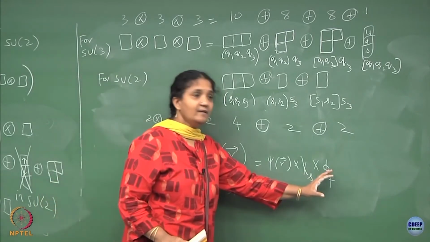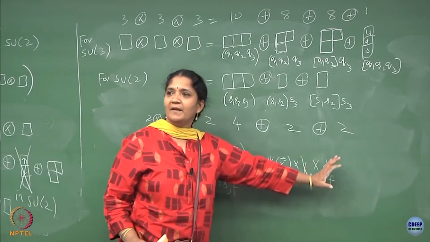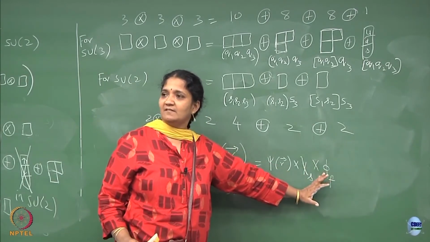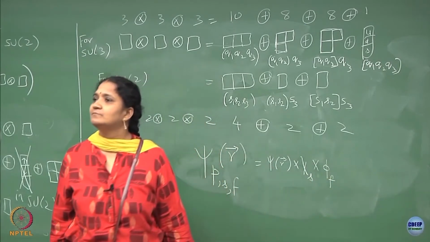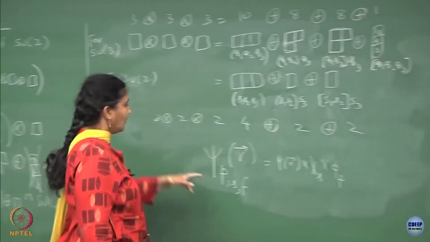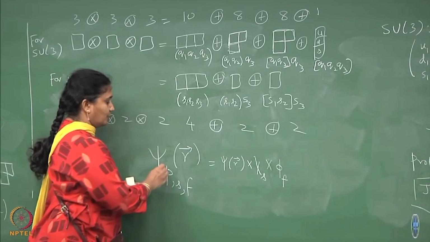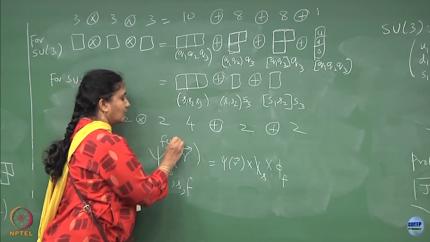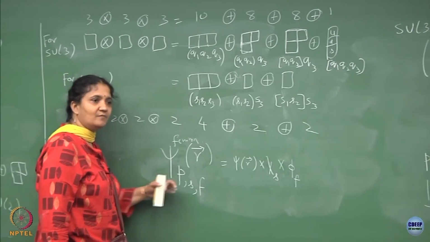Why multiply? They are independent spaces, spin space, position space and the flavor space. They are independent spaces. Only thing is this is totally a fermionic object. The proton is a fermion, right? It is a fermion.